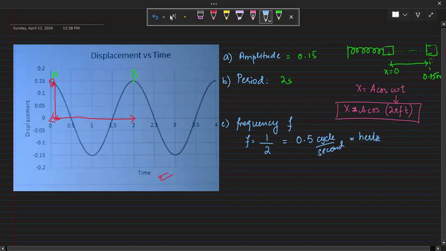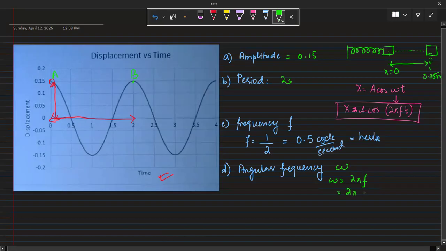Now we're going to talk about the angular frequency. So the angular frequency is going to be omega, right? And omega is equal to 2 pi f.